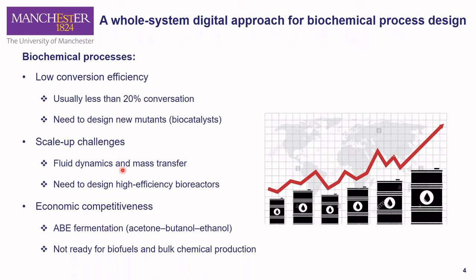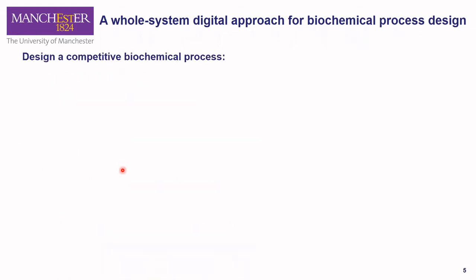Why? The reason is because if you look at the market, then the price of butanol and ethanol from petrochemical industry is much cheaper than that from ABE fermentation system. As a result, biochemical processes are currently still mainly used to produce high-value bioproducts, and they are not ready to produce biofuels.